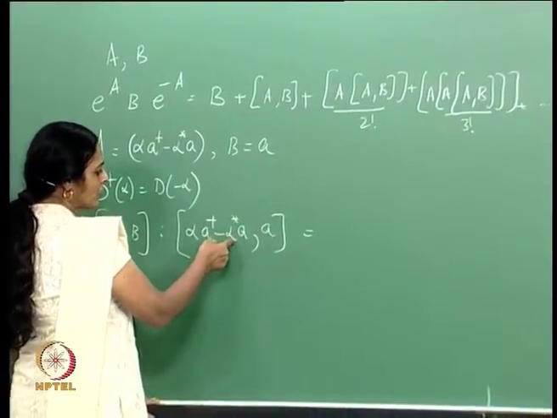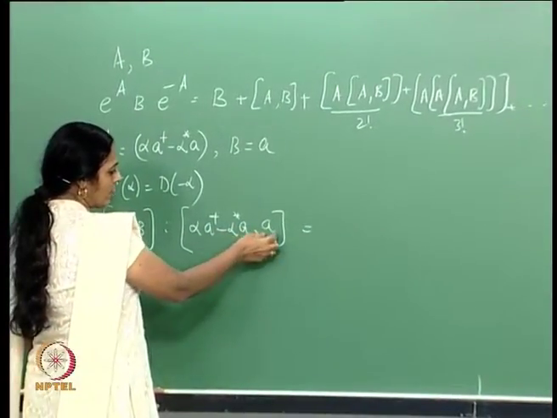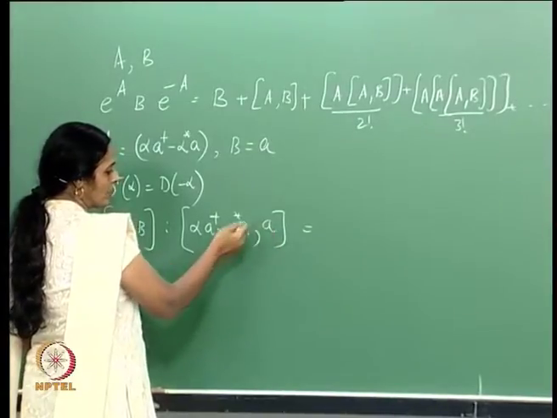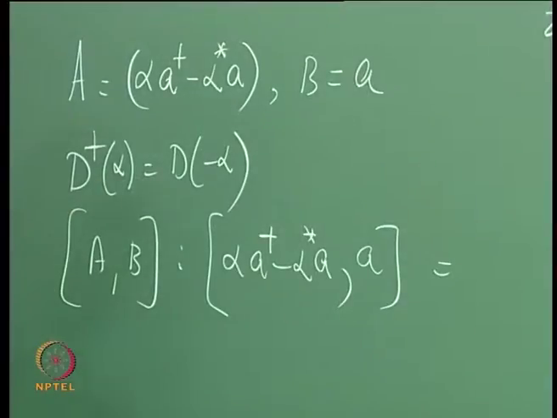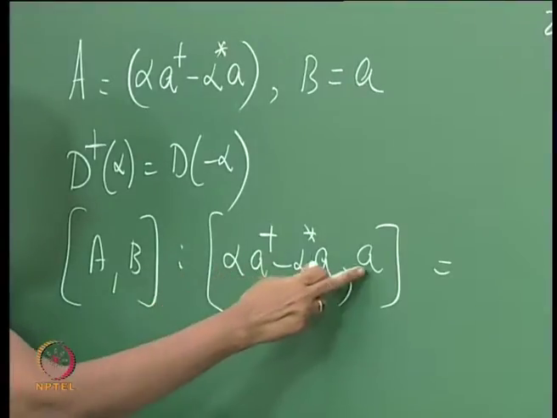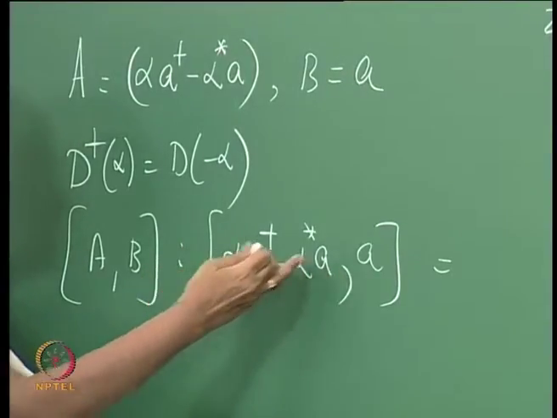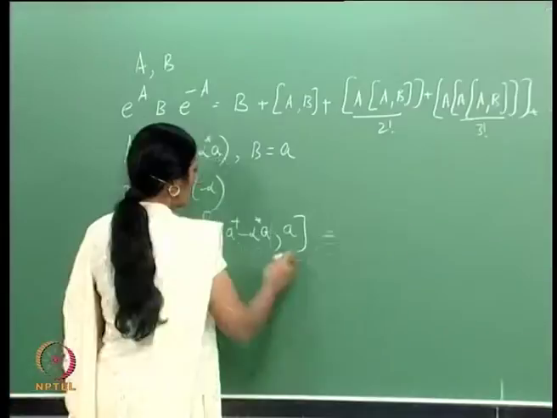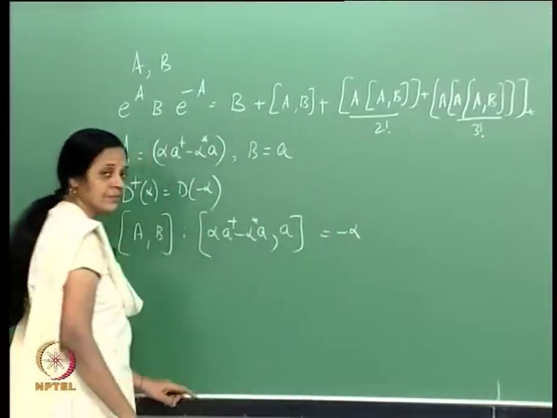The commutator of the second term, alpha star a with a, drops out because a commutes with itself. That leaves behind the commutator of alpha a dagger with a. The commutator of a dagger with a is minus 1, and therefore this just gives me minus alpha.